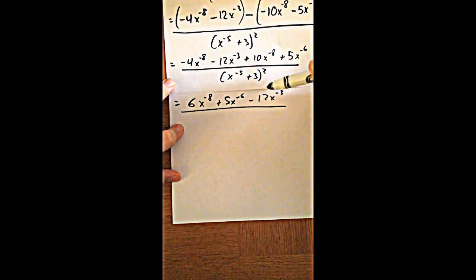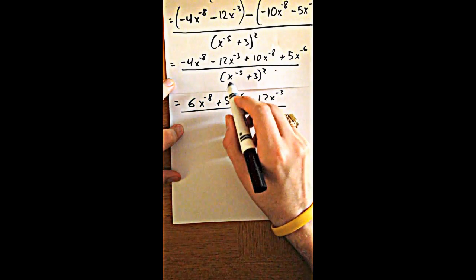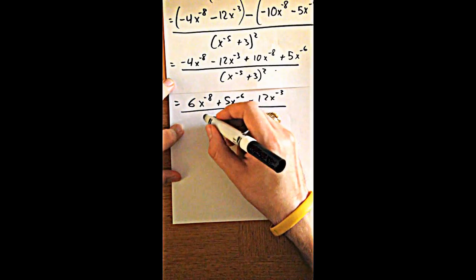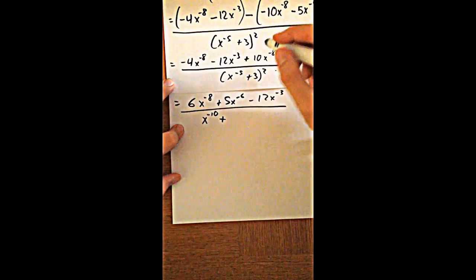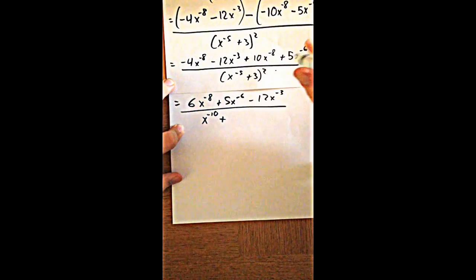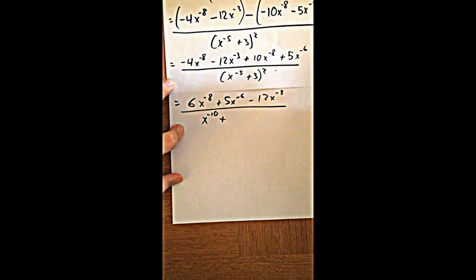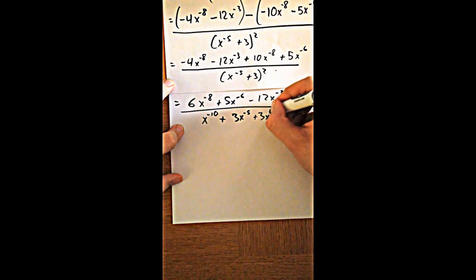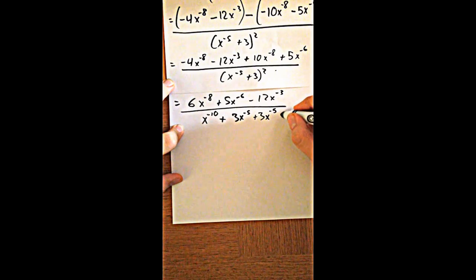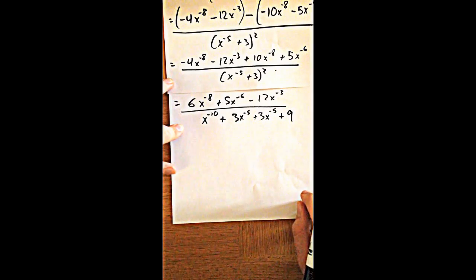All over, now we have a term here of x to the negative 5th plus 3, and we'll square it. So what we'll go ahead and do is use the FOIL technique. And so that will give us x to the negative 5th times x to the negative 5th, which is x to the negative 10, plus the outside, so x to the negative 5th times 3, so 3x to the negative 5th, and then again plus 3x to the negative 5th, and then 3 times 3, or 9.